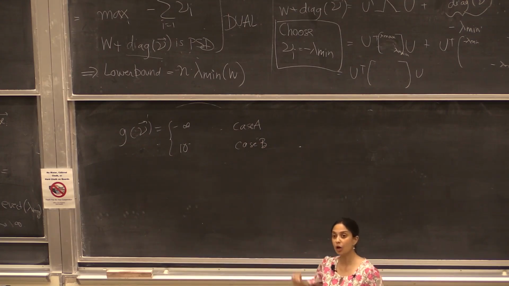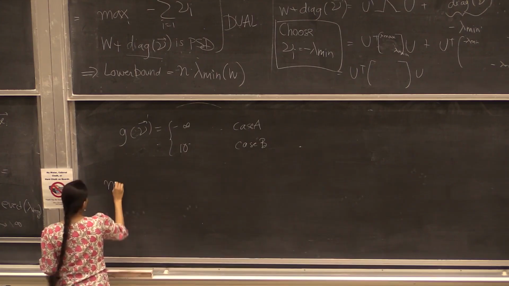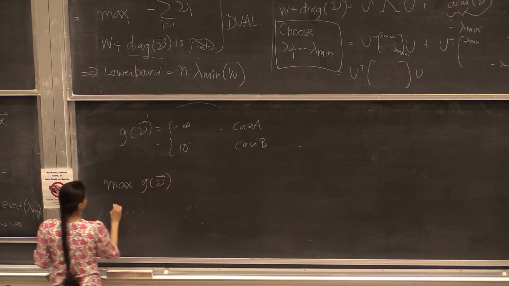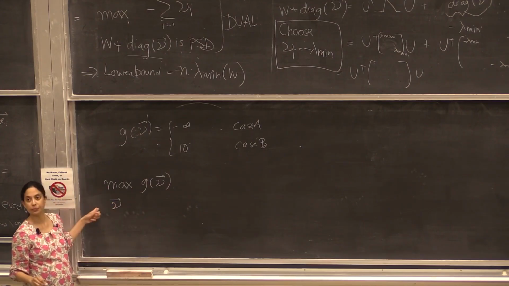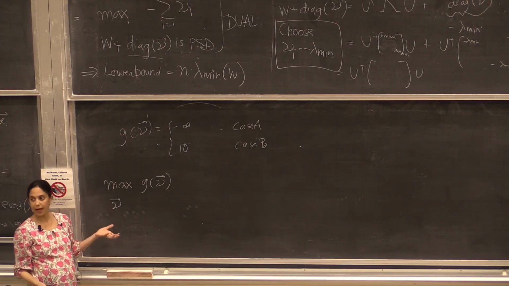You're trying to now maximize g. Which case do you prefer? You prefer the second case, right? So now I can always write my maximization of g over an unconstrained nu. I have two cases.